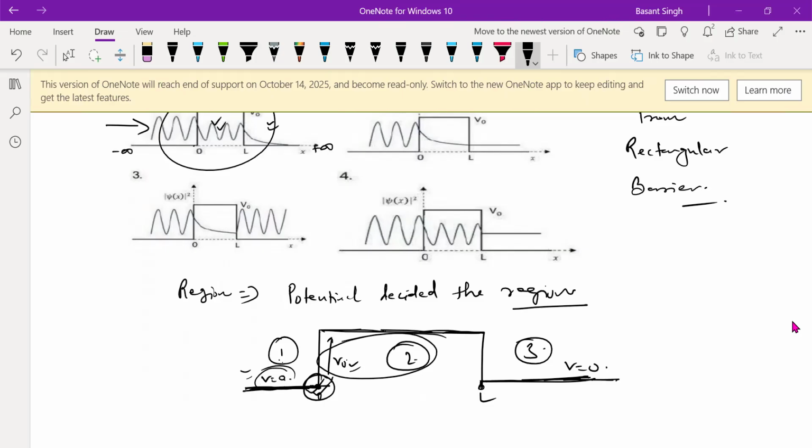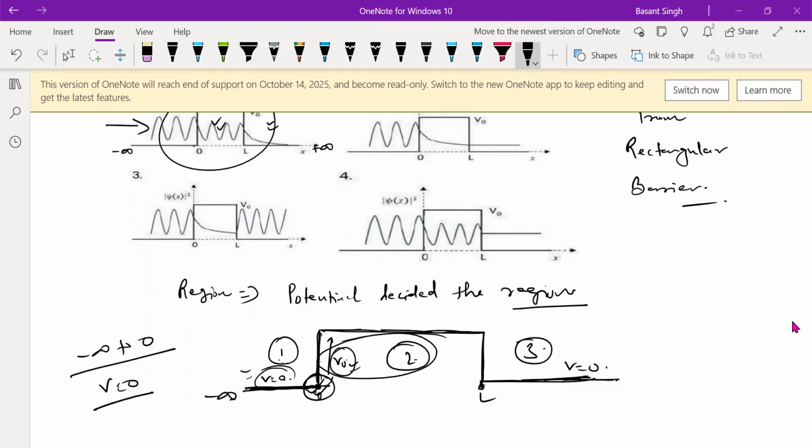So this is called the barrier, or boundary. This vertical line is where the potential is V0. From minus infinity to 0, the potential is 0.